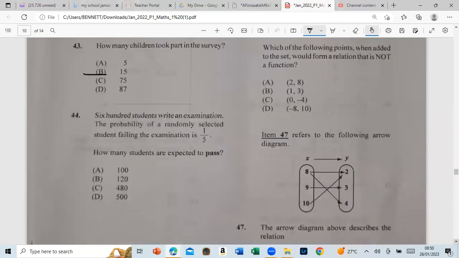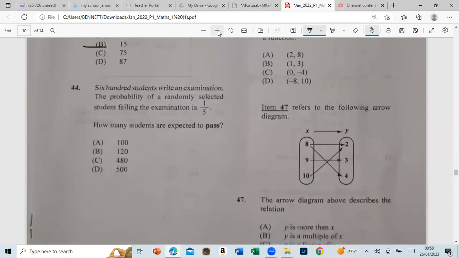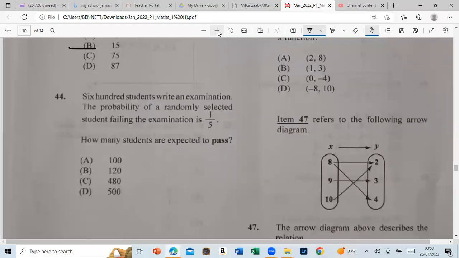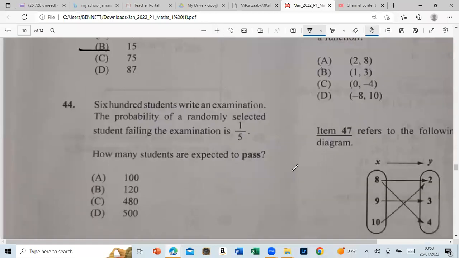Now let's move on to 44. 600 students write an examination. The probability of randomly selecting a student failing the examination is 1 out of 5. How many students are expected to pass? Alright, so the probability of failing is 1 out of 5.